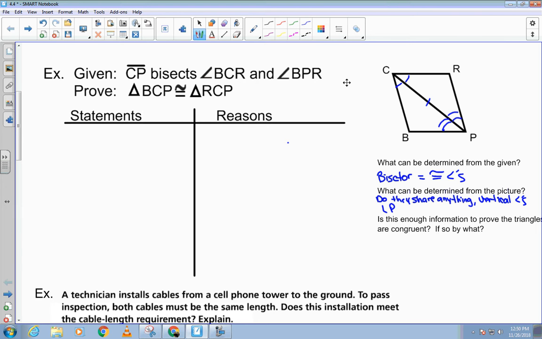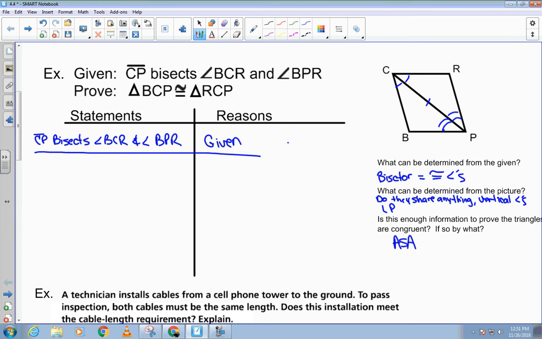Okay? So if that's the case, is this enough information to prove the triangles congruent? By what? Angle, side, angle. Alright, so now we want to put it in a proof. Okay? So we're given that.